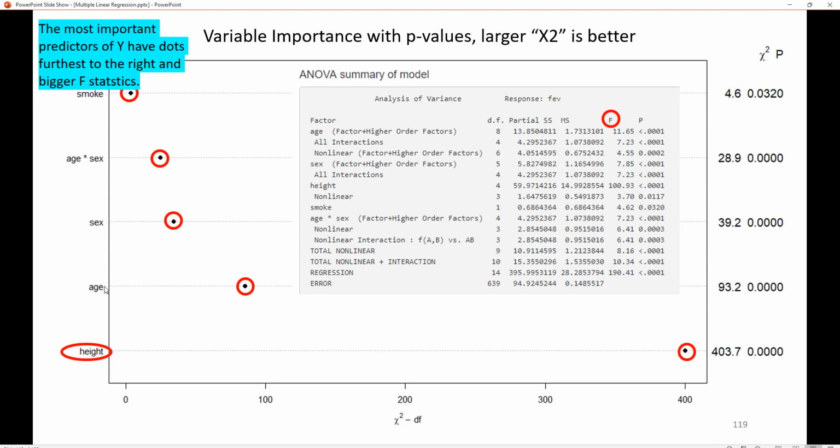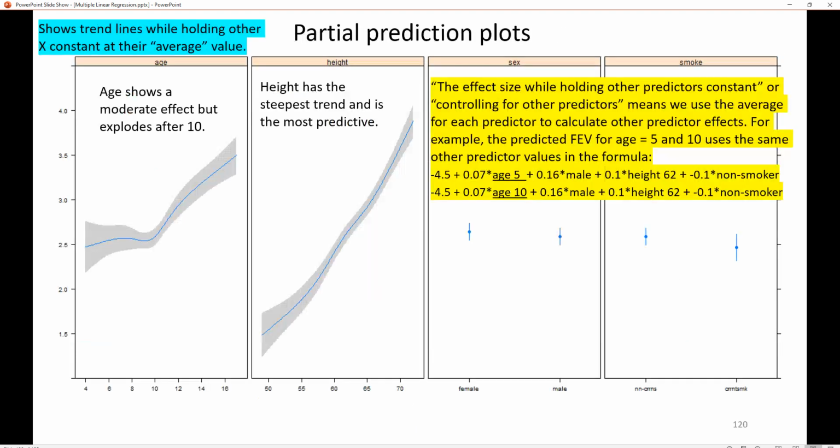And that's followed by age, sex, the age by sex interaction, which is still significant, and we do see smoking status, which in this nonlinear and interaction model is also significant when we have an alpha level of 0.05. In other words, that p-value is less than 0.05. We see that on the right. So it looks like we have a very predictive model, and we see that all predictors contribute some important information in understanding the FEV levels.